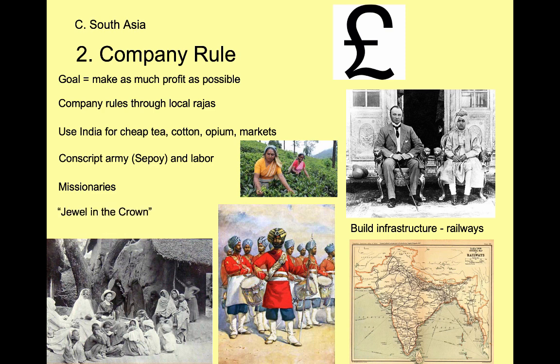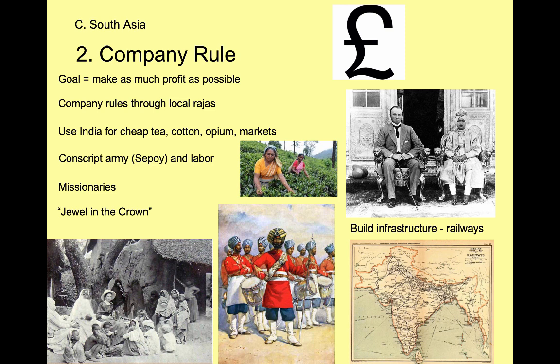Now, India is going to become so profitable for the British East India Company, and by extension the British government itself, that it's going to be called the jewel in the crown. England is going to have colonies all over the world at this point. In fact, this is really England's heyday as an empire. They're going to have colonies in Africa, in the Caribbean, in South Asia, in Southeast Asia, and they're going to have some ports in China.